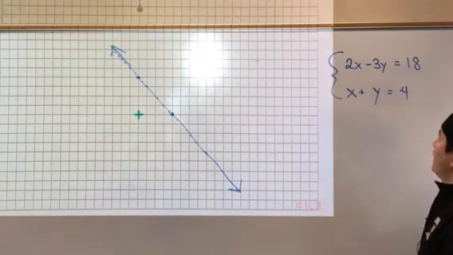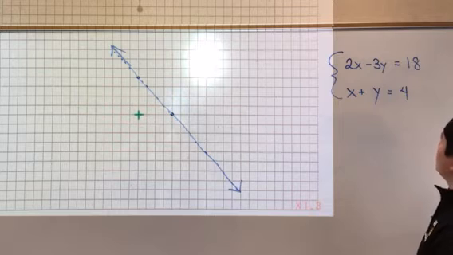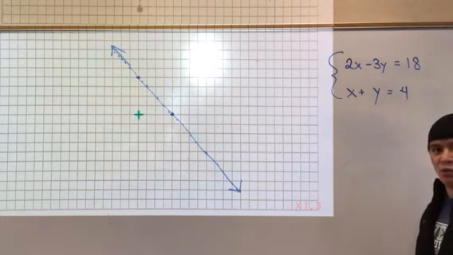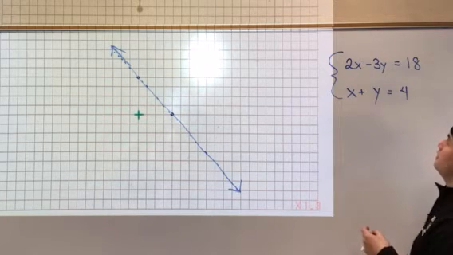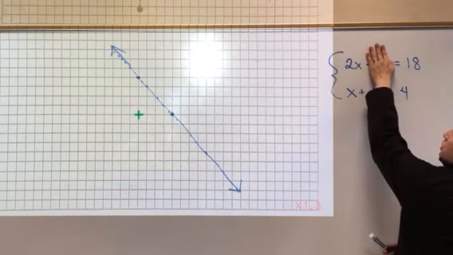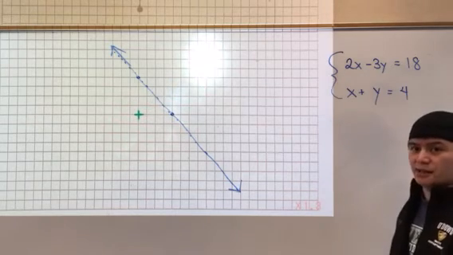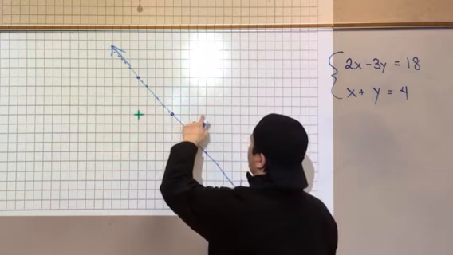All right. Let's graph the other line as well. I've got 2x minus 3y equals 18. Same technique. I need to find the x-intercept and the y-intercept. To find the x-intercept, I am going to plug in y equals 0. When I plug in 0 for y, this goes away. I get 2x is equal to 18, so x is equal to 9. 1, 2, 3, 4, 5, 6, 7, 8, 9.